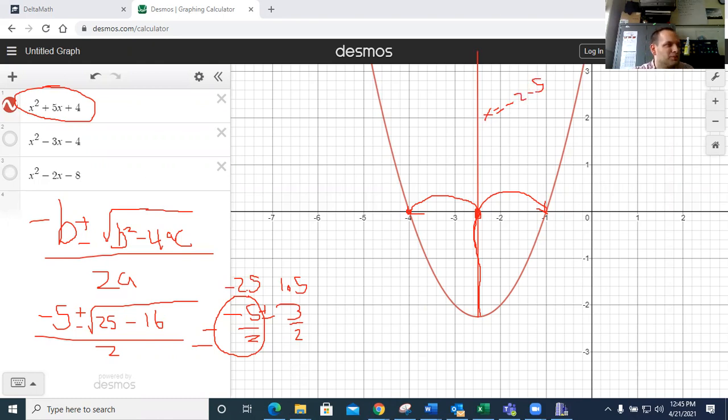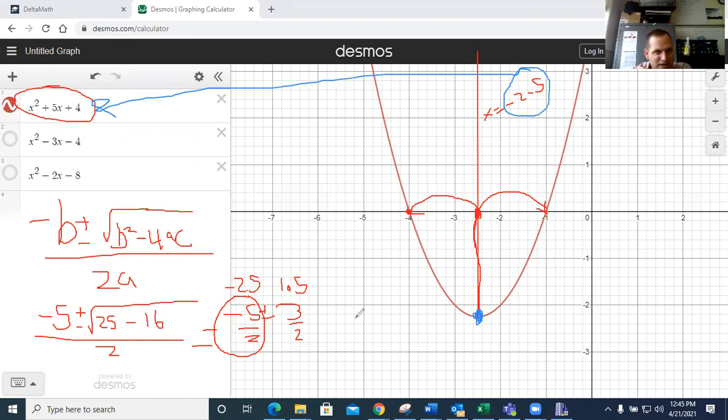Now someone might ask you, what's the lowest point on that graph? The lowest point is right on that axis of symmetry. How do we find that? We take that negative 2.5 and plug it into the equation that we're using, x squared plus 5x plus 4.